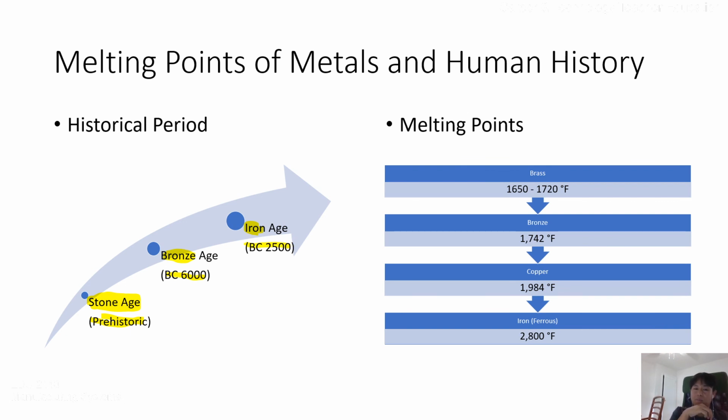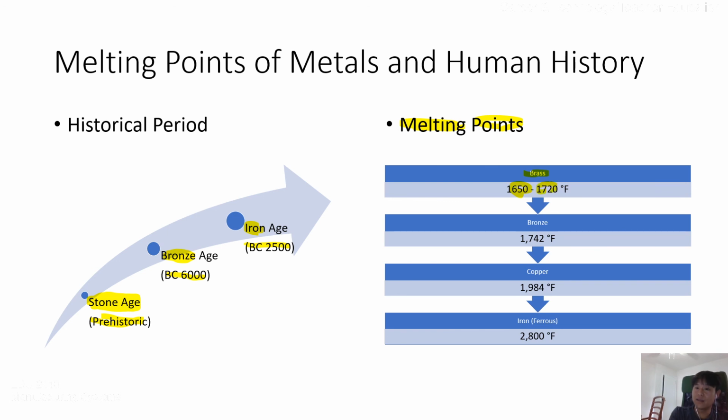But why? Why did people first use stone, and later bronze before iron? The key is the melting point. Melting points are different. Let's look at brass. The melting point of brass is almost 1600 to 1700 Fahrenheit, right?